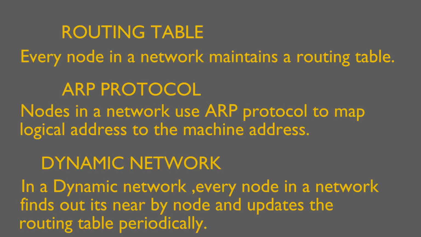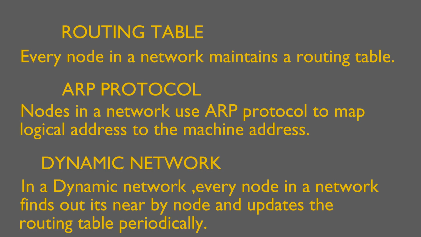If you are learning networks, if you're doing network simulation, you should know a little bit about networks, right? So you should know what a routing table is. Every node, every router in a network maintains a routing table, and with this routing table, it stores information like what all the routers it is connected to. It stores all the IP addresses and physical addresses in the routing table.